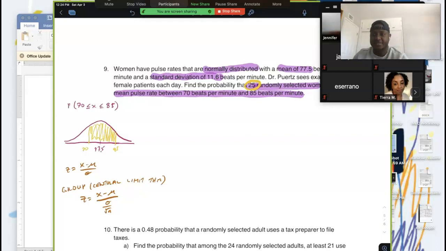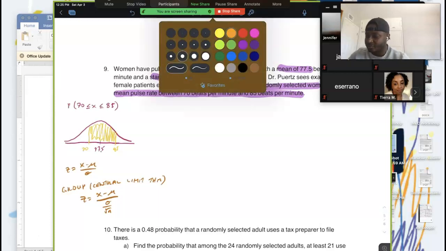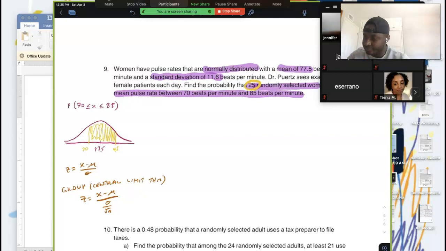So it's pretty much the same, aside from the fact that we have a group. Yeah, this is 6.4. Okay, so in this case, the 25 is going to be our n.